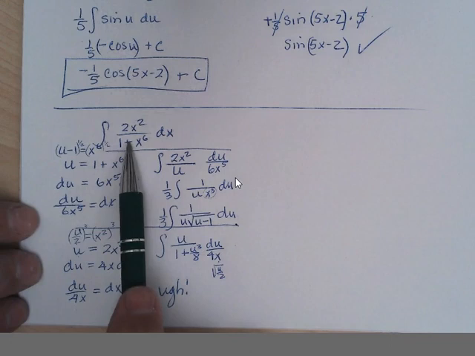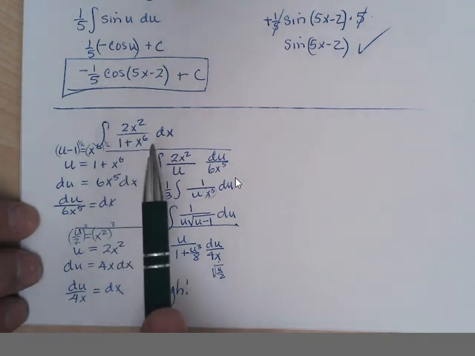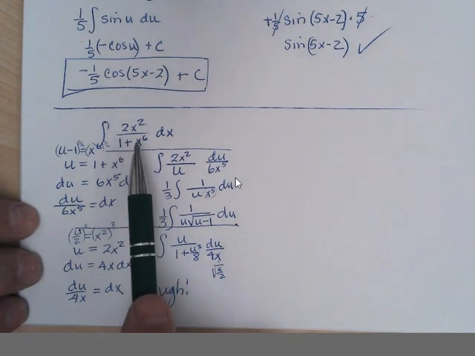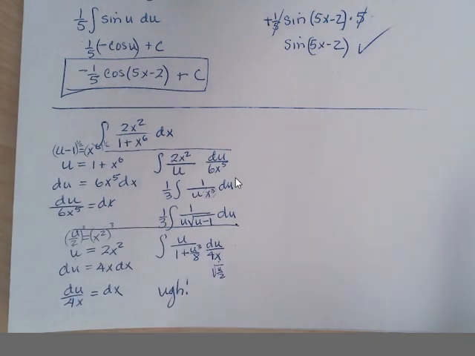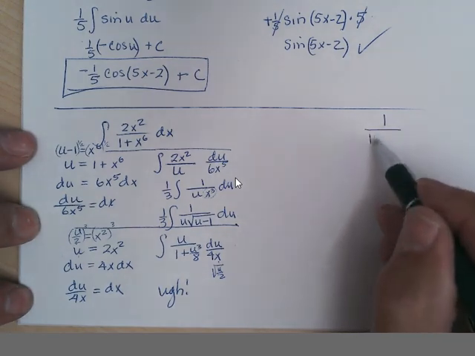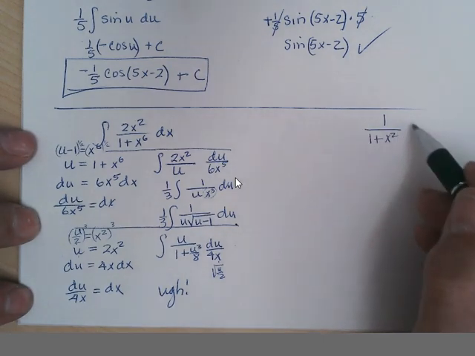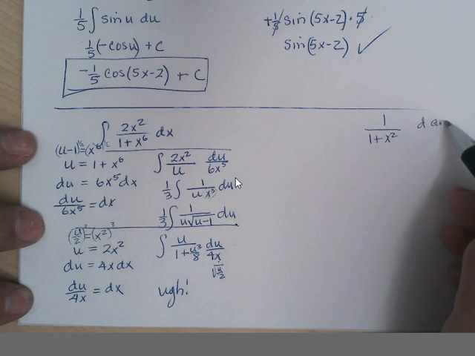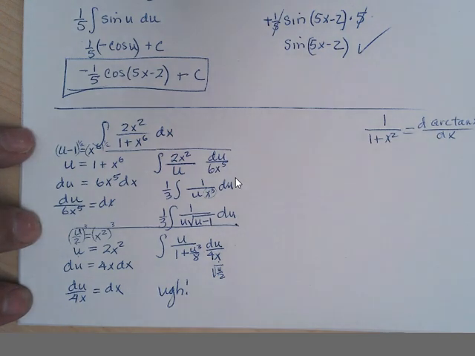Do we have any antiderivatives of anything that end up with 1 plus something in x in the denominator? And if you're thinking of 1 over 1 plus x squared, which is the derivative of arctangent x, you're in the right ballpark.